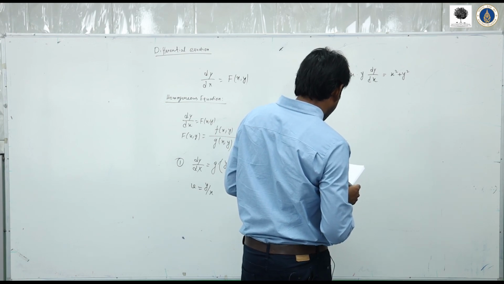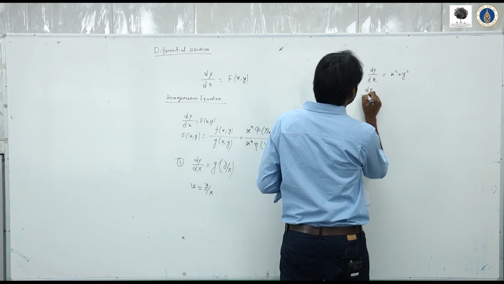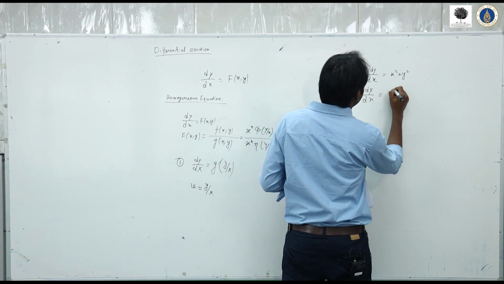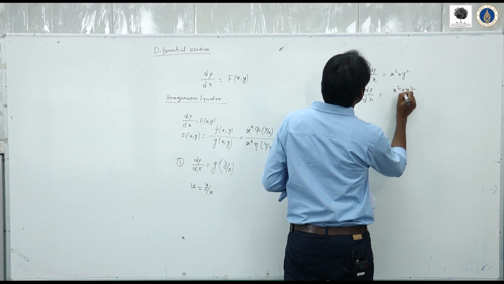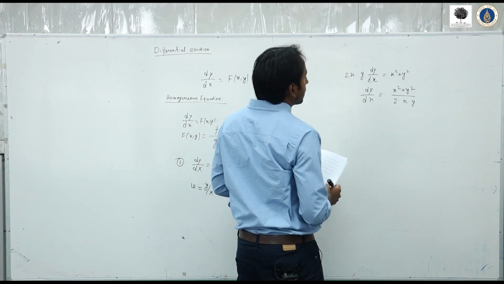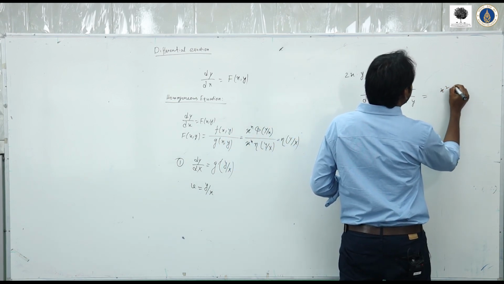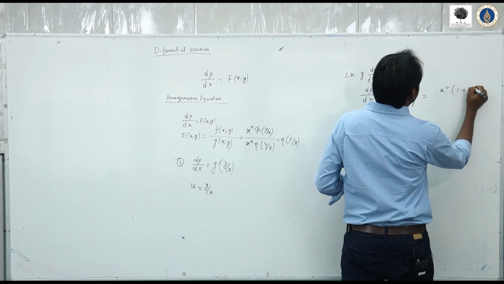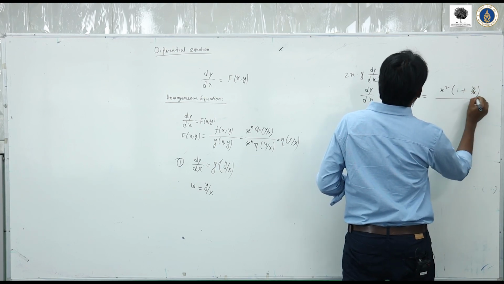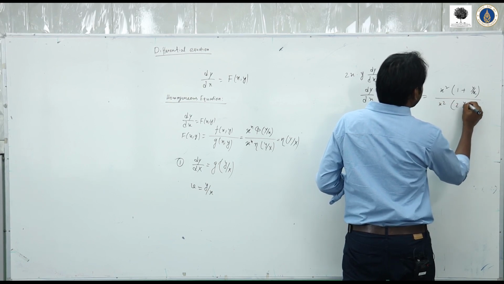So as you can see, I can write dy by dx as x square plus y square by 2 x y. I can take x square outside, so it becomes 1 plus y by x whole square, and taking x square out again in the denominator, 2 y by x.